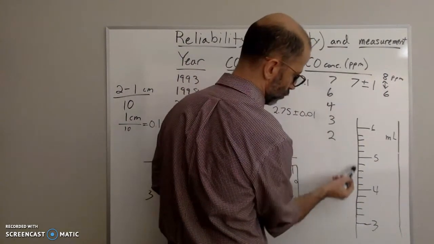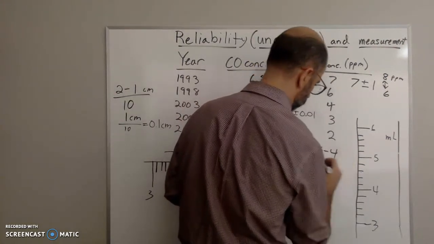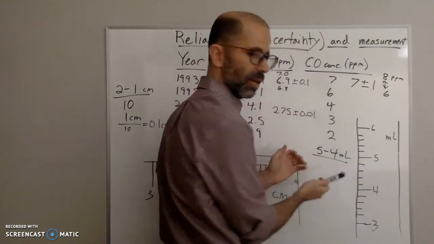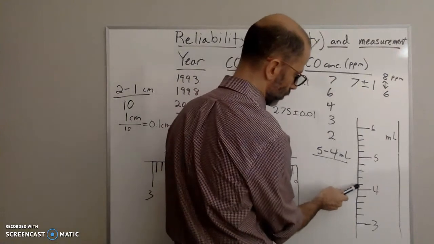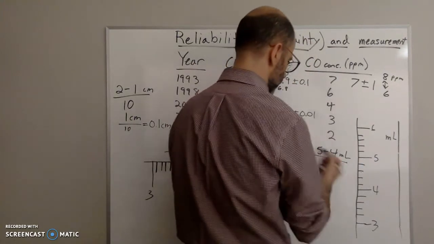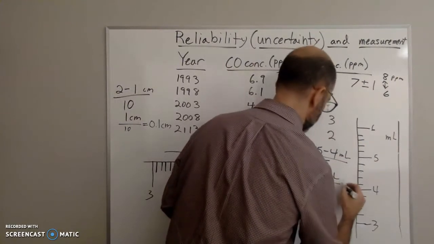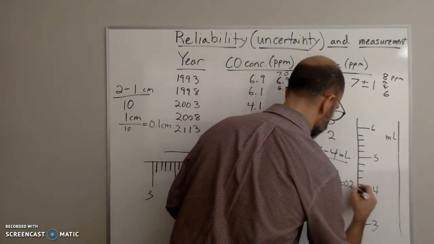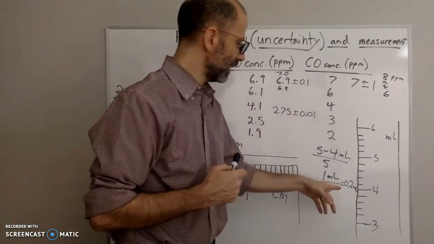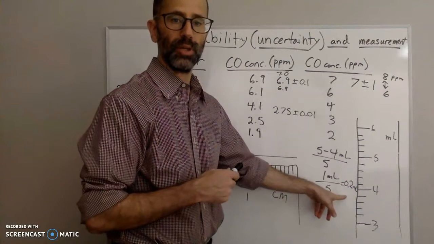I take these two numbers, 5 minus 4, and this is in milliliters. Then I divide by the number of increments I have between the numbers: 1, 2, 3, 4, 5. So 1 milliliter divided by 5 gives me 0.2 milliliters. So each of these lines is 0.2 milliliters.